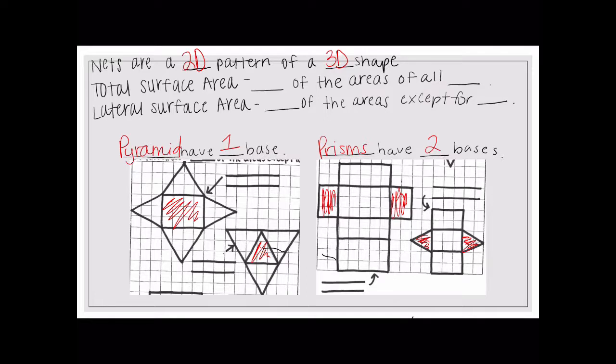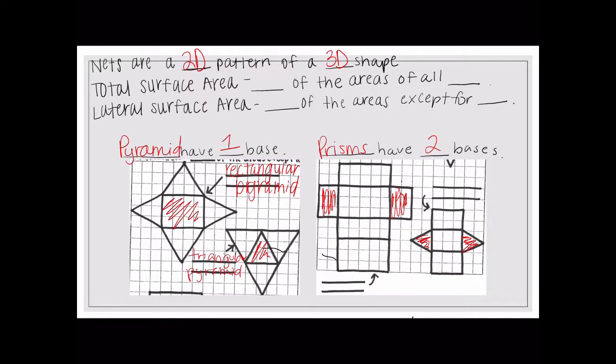We also need to be able to identify what type of shapes we are looking at. Because we know one base is a pyramid, we now look at the shape of the base, and because it is a rectangle, we now have a rectangular pyramid. Make sure you're spelling and writing that correctly. And then down here at the bottom, we have a triangular pyramid as well.